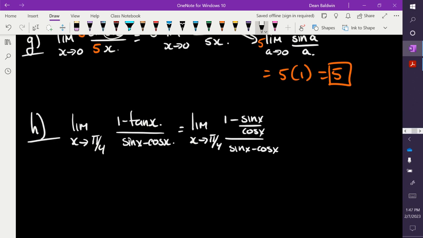Okay, what do you do now? This is like a proof. The common denominator of the numerator is cos.